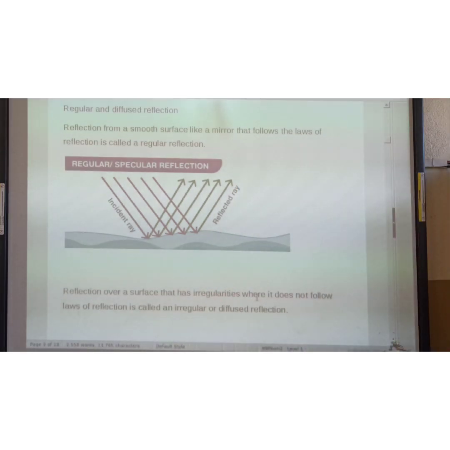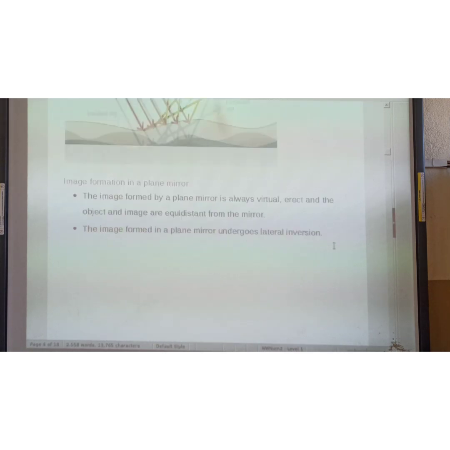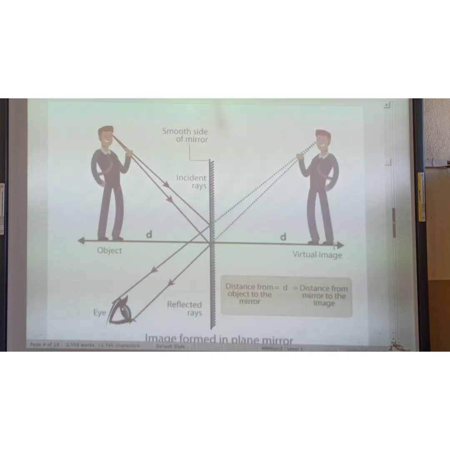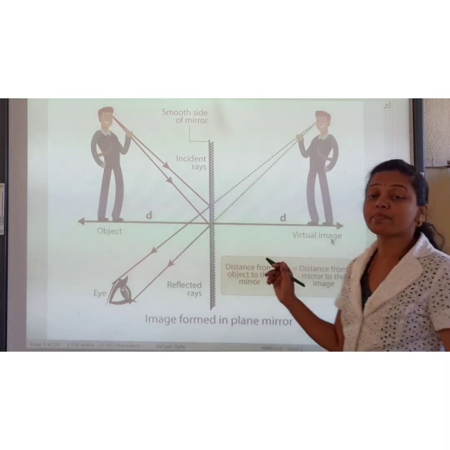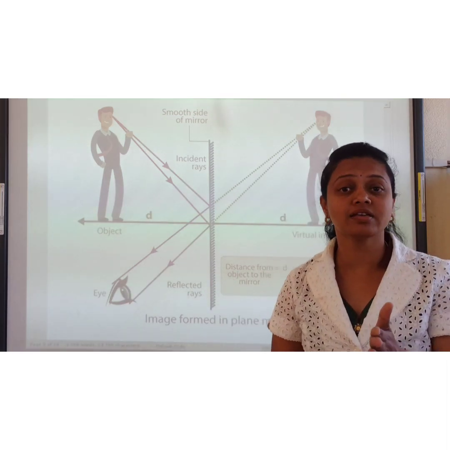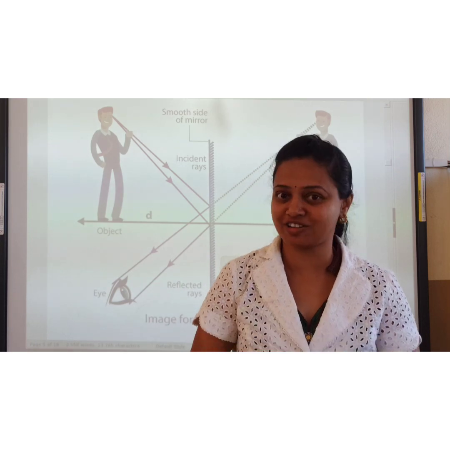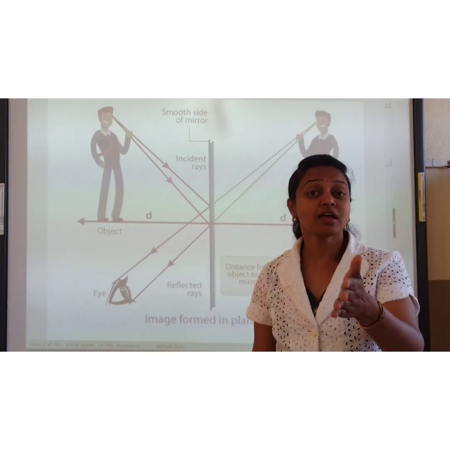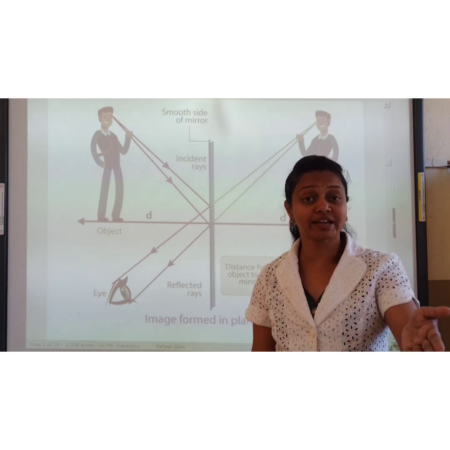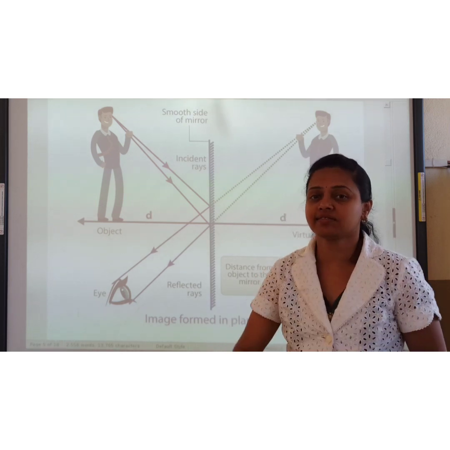Now the next one is very important, how the image is formed in the plane mirror. You are going to study the same in your further upgraded class, that is 10th standard, also.